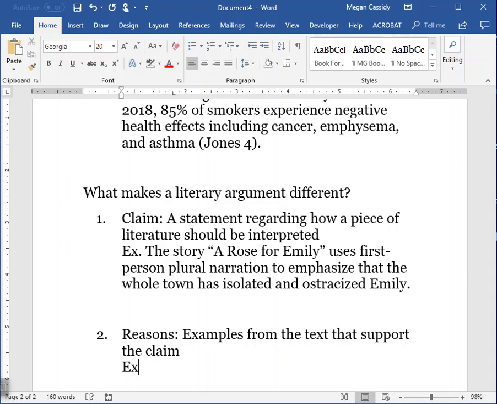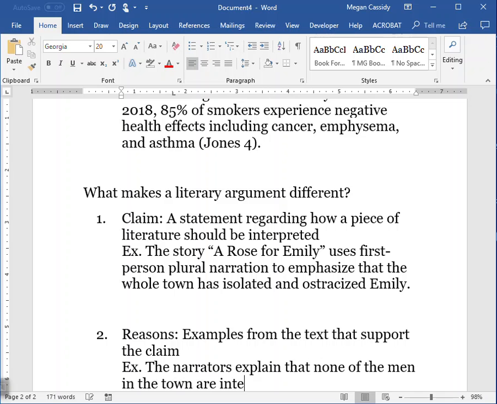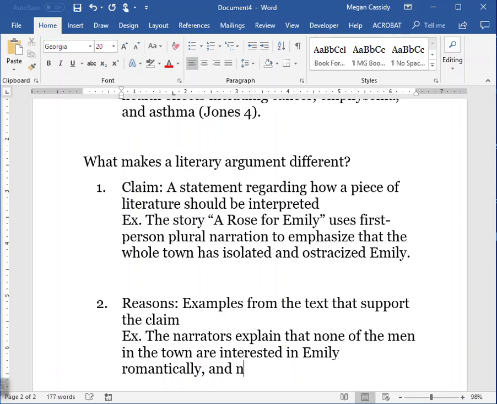So my example here, I will say the narrators explain that none of the men in the town are interested in Emily romantically, and none of the women in the town are her friends.